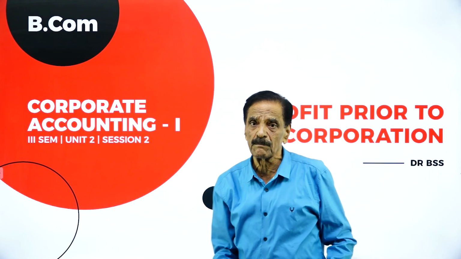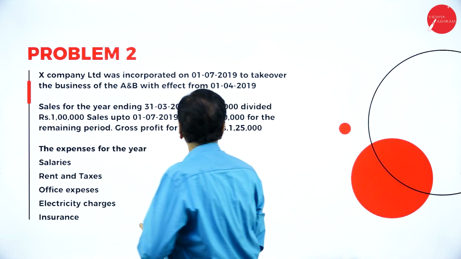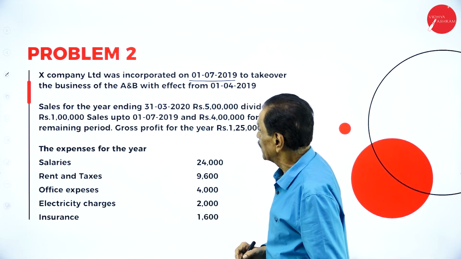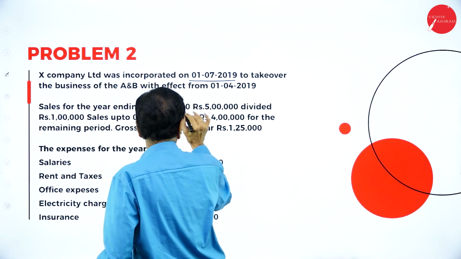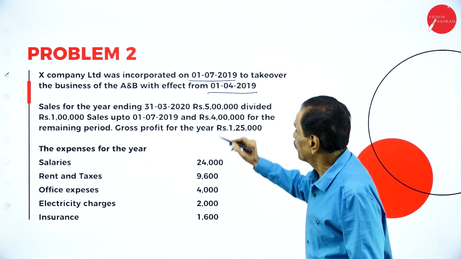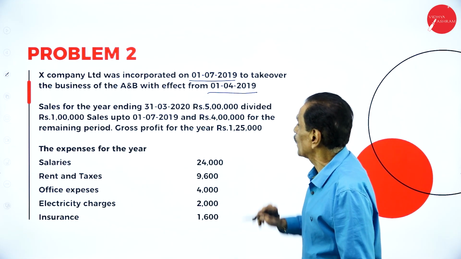We'll move on to the problem now. X Company Limited was incorporated on 1/7/2019 to take over the business of A and B with effect from 1/4/2019.